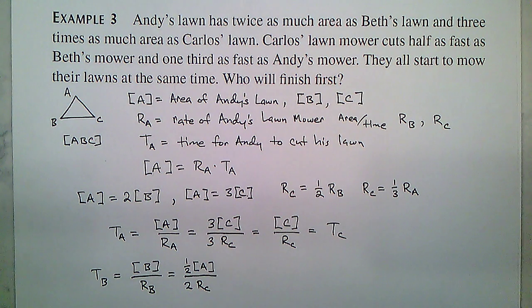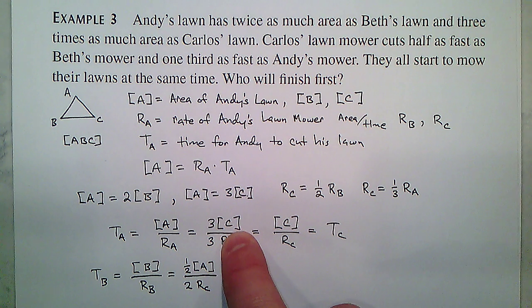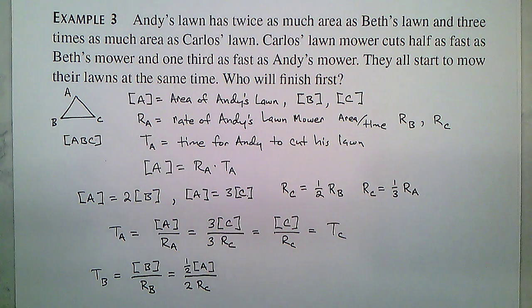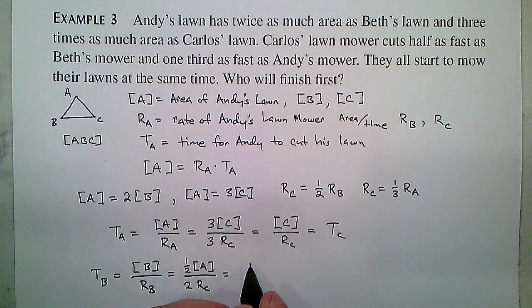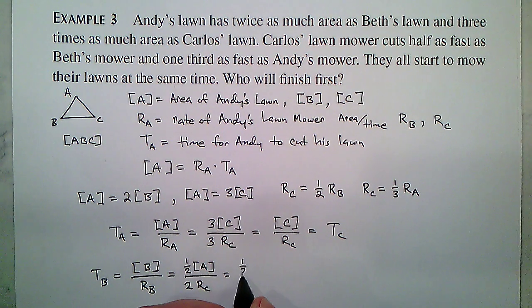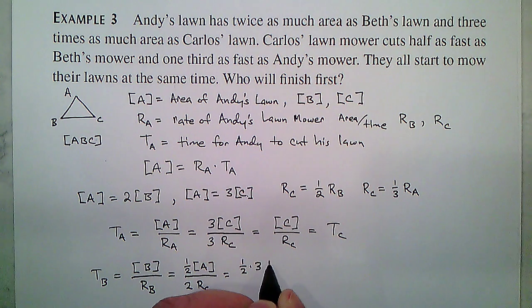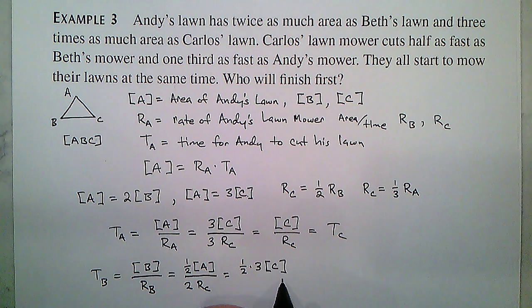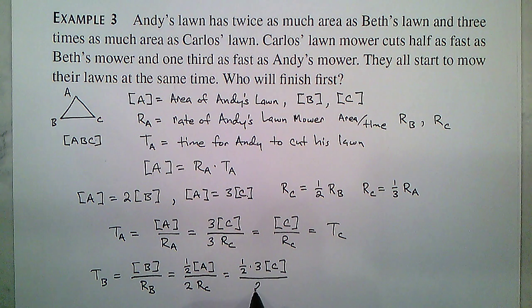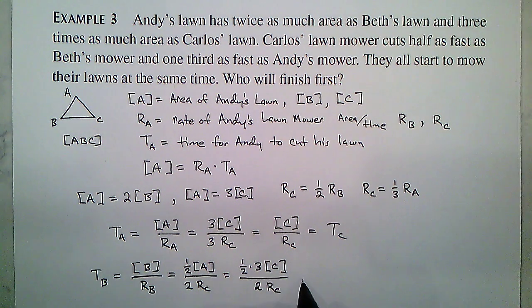Well, I compared to Carlos up here. I know that Andy's area is 3 times Carlos's, so let's just substitute. This is 1/2 times 3 times Carlos's area, all over 2 times Carlos's rate.